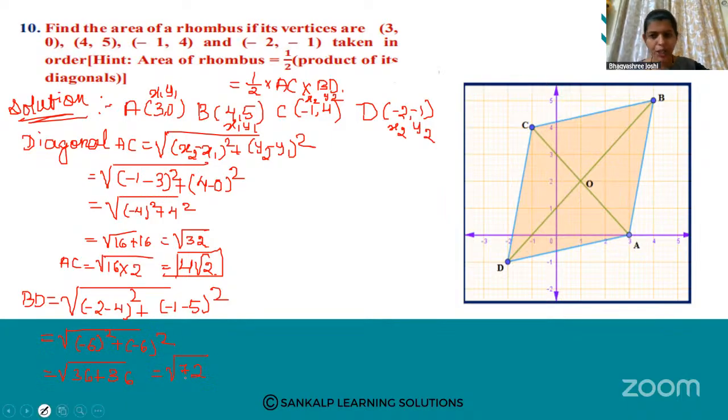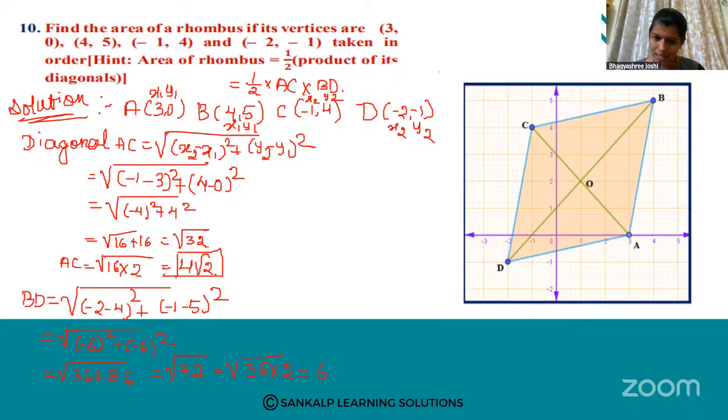So 72 can be written as, think a little, how can this be written? Which perfect square number comes here? 72 can be written as 36 into 2. So 2 6s are 12, 2 3s are 6, yes, 72. 36 is a perfect square number.